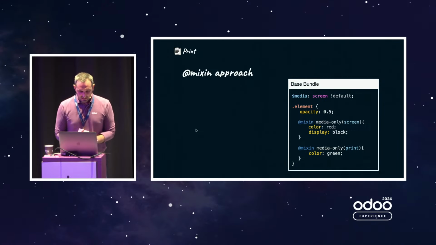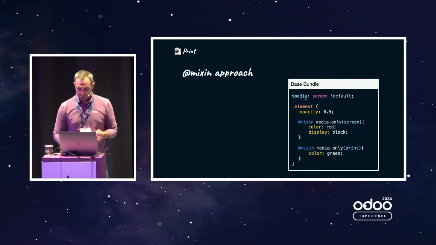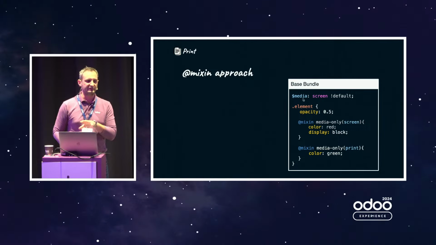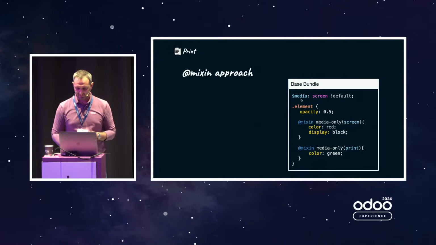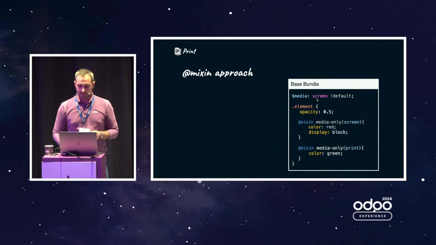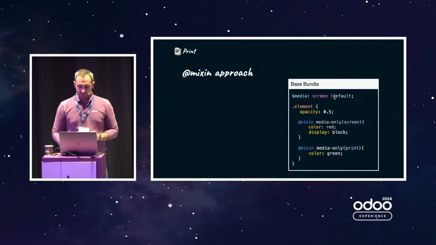And so we ended up with a mixin approach. Here you see there is a media variable. This is not the actual name of the variable. I just streamlined it a bit to simplify the presentation. But there is a variable that defines the media type, and this is set to screen by default.